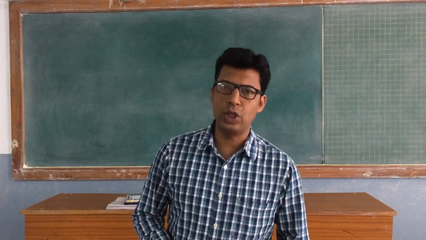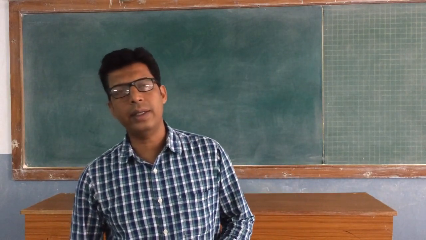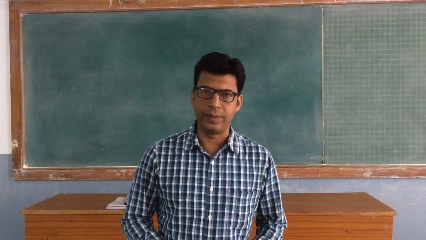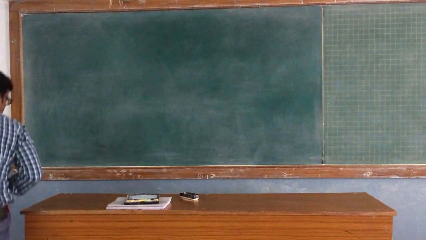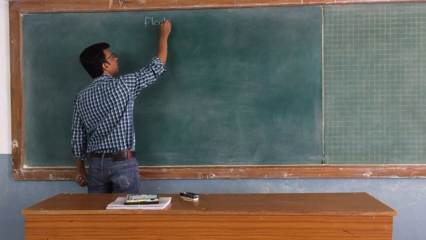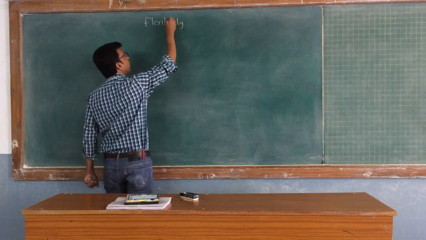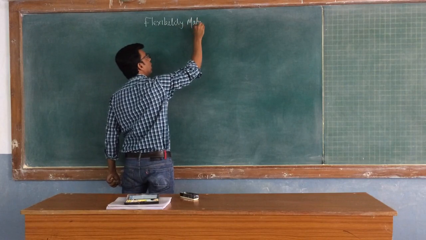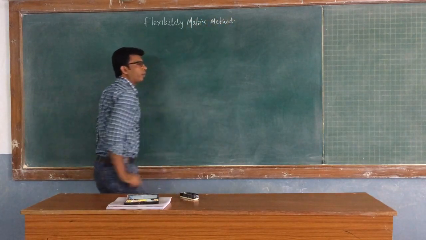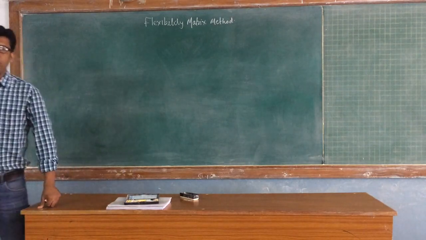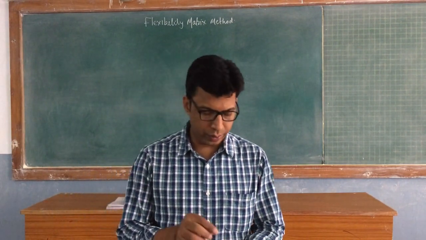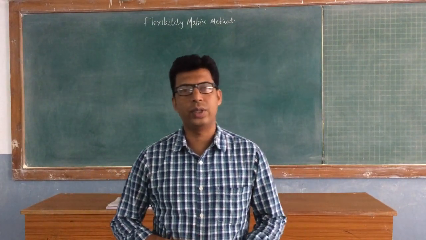Today we will start unit number 2, that is flexibility matrix method for the analysis of indeterminate beams and frames. Flexibility matrix method is one of the matrix approaches of analyzing indeterminate structures.